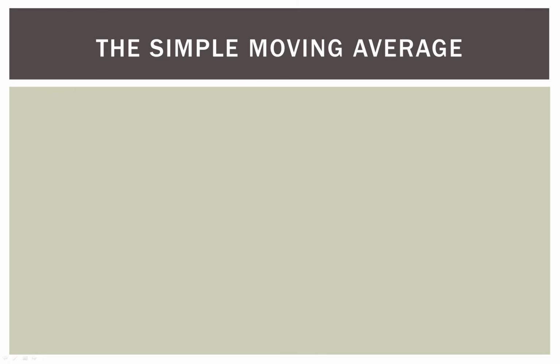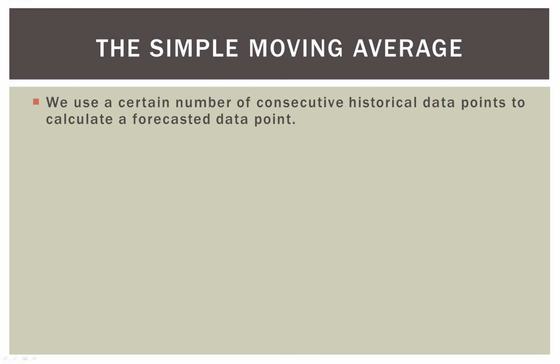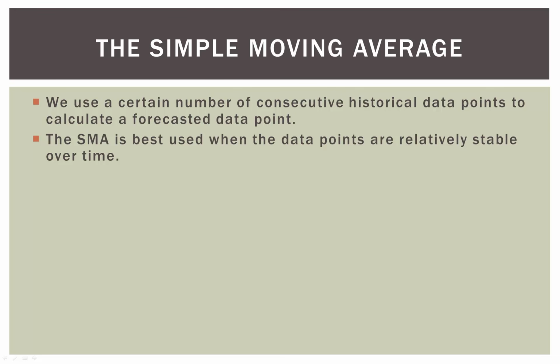So now let's talk about the simple moving average. What we do is we use a certain number of consecutive historical data points to calculate a forecasted data point. In this case, we're going to try to forecast the 2012 enrollment. The simple moving average is best used when the data points are relatively stable over time.